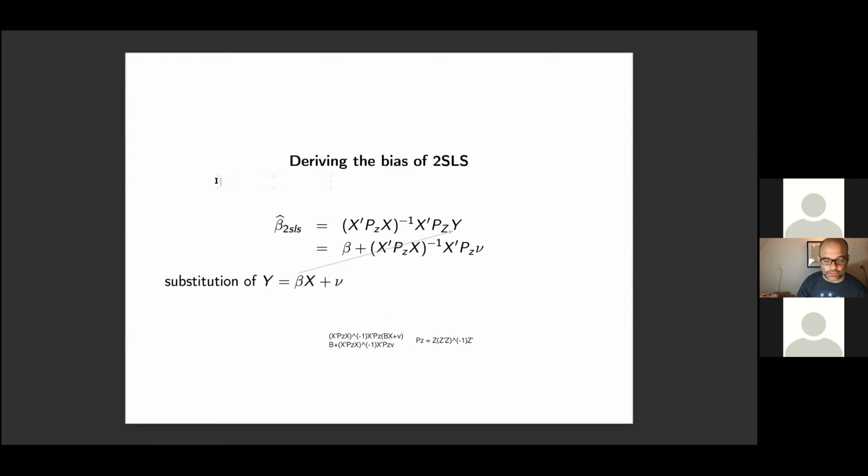All this was rewriting our solution for beta two-stage least squares by substituting the causal model into the expression. That's all that we did.